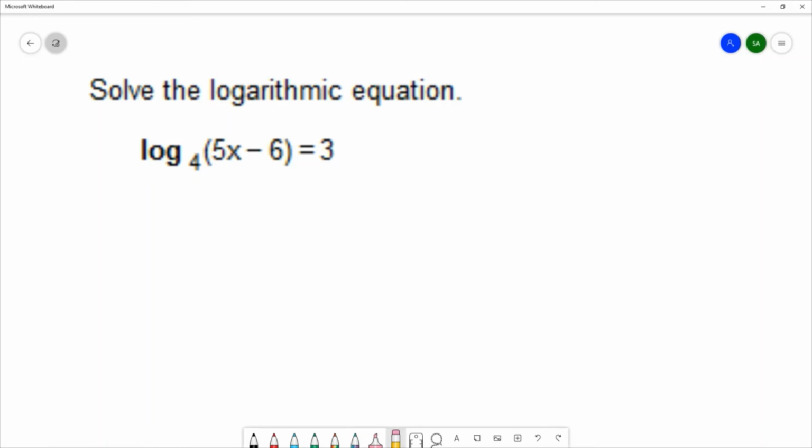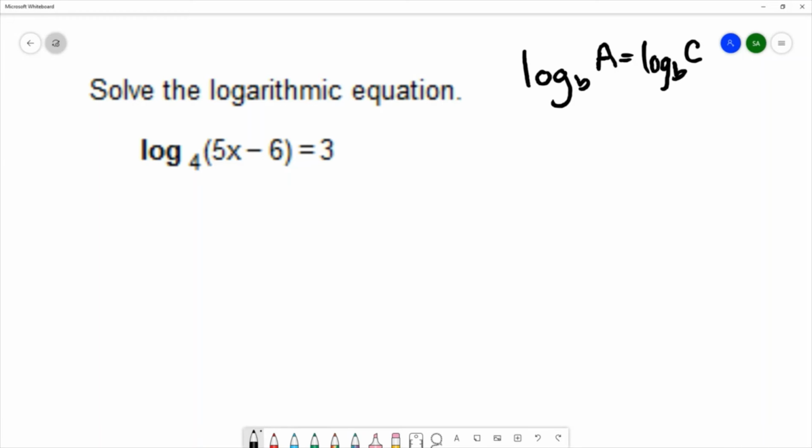And one of them is called the property of equality. And it follows the pattern something like this. Log base b of a equals log base b of c.